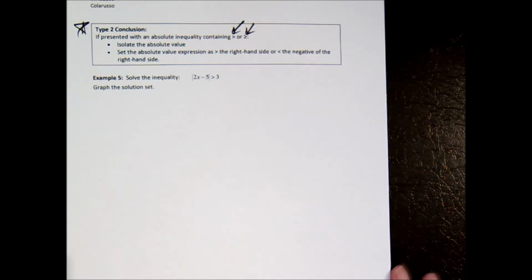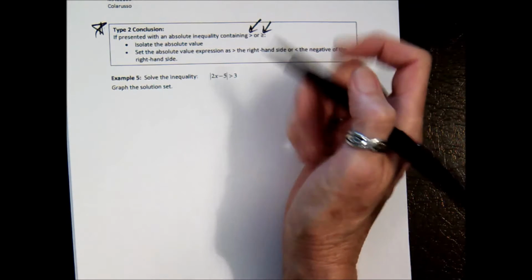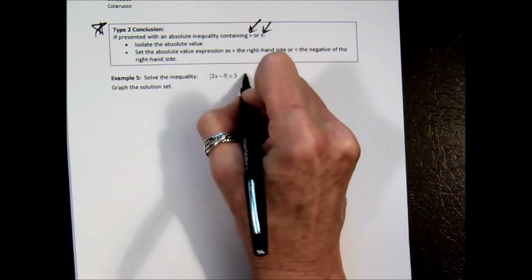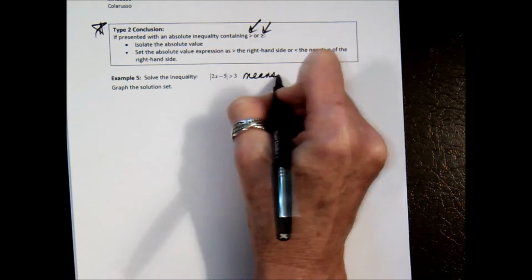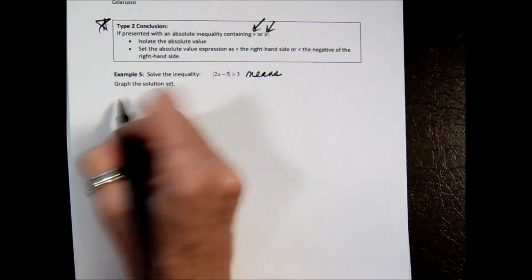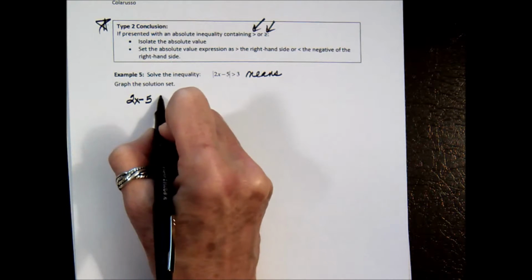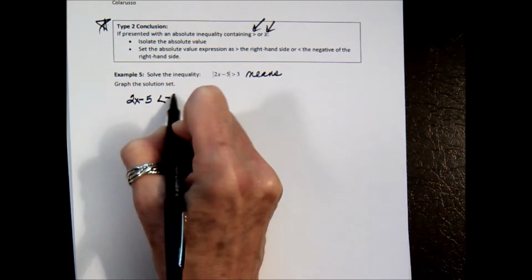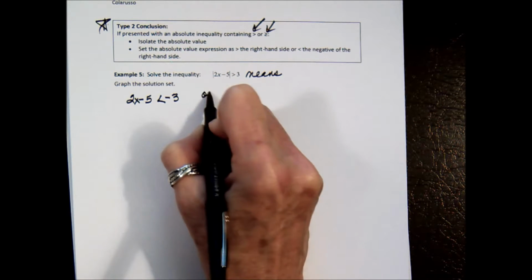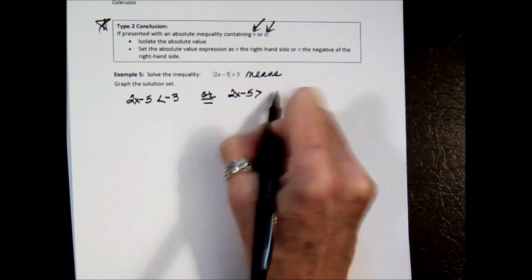So what does that mean again? Well, let's look. So here's what this means. It means the absolute value has already been isolated. It means that 2x minus 5 is less than negative 3, or 2x minus 5 is greater than positive 3.